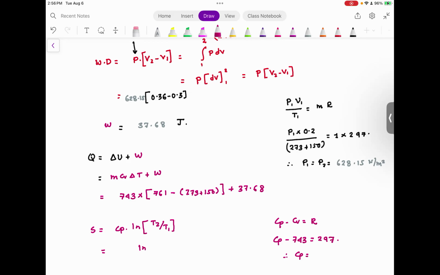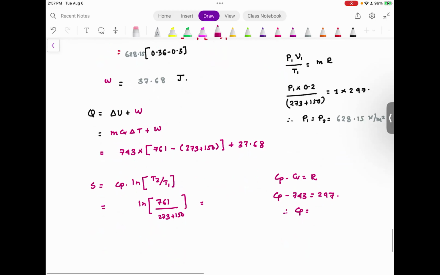Substitute that value here, 761, and that should be able to give you the value of entropy. Okay. Any questions?